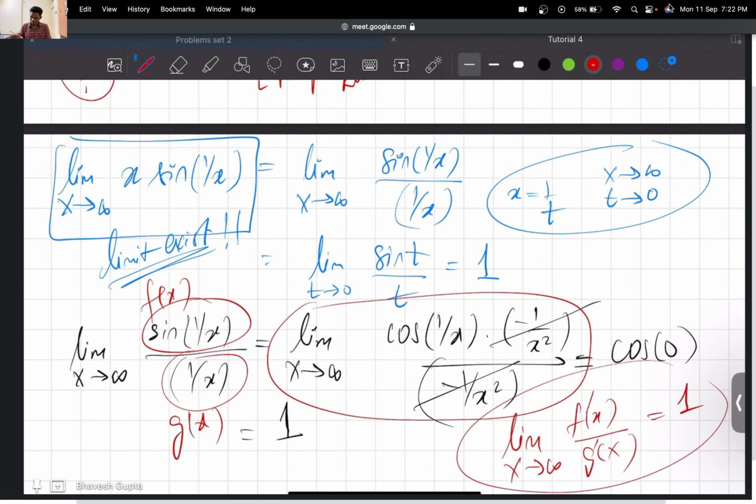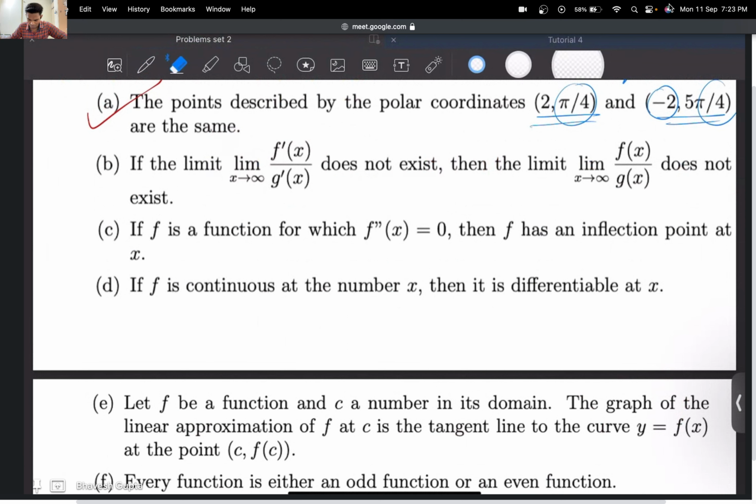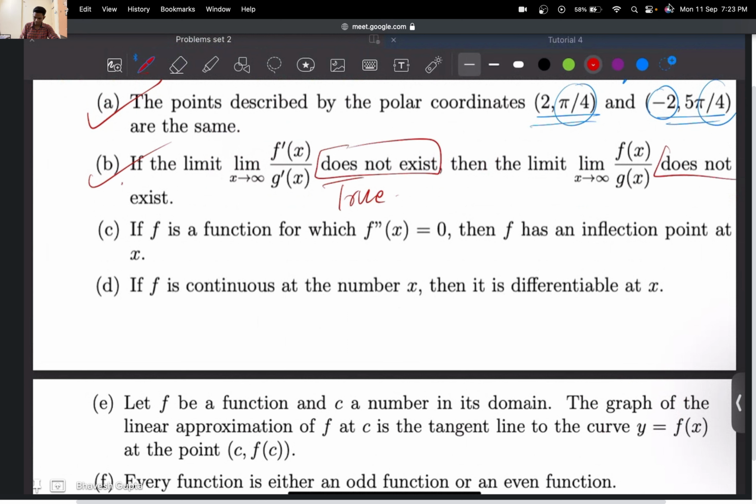And my original thing, which was this, also had the limit value 1. So they were consistent. In the proof of L'Hopital's rule, we assume the limit of the ratio of derivatives also exists. So the statement in this case is true because it is consistent with what we just discussed. It is very important that they go together. If this exists, then definitely the other statement will also exist.